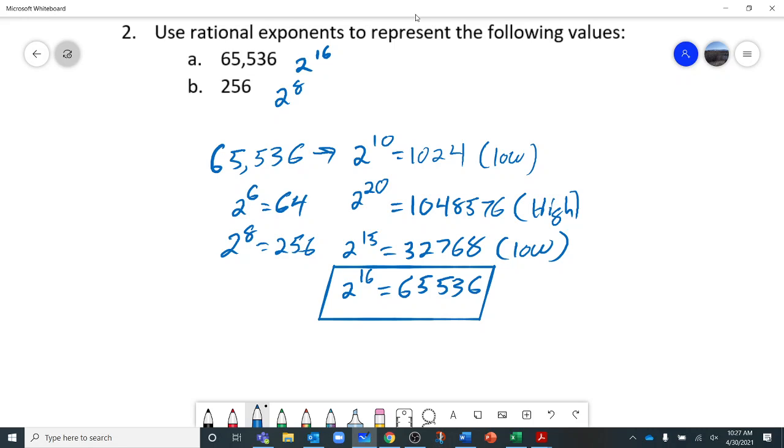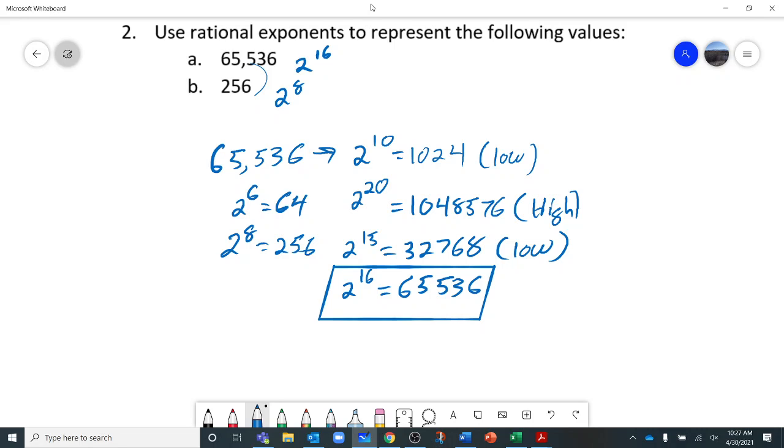I guess you could always try the square root. That's not always going to work, but you could try the square roots. That would work here, because the square root of 256 is 2 to the 4th, which is 16.